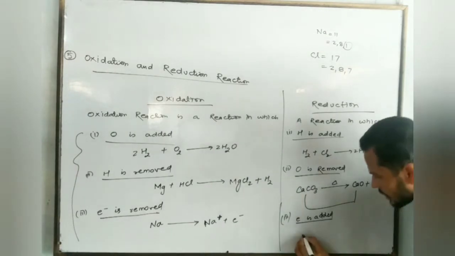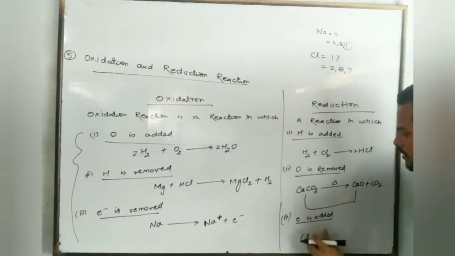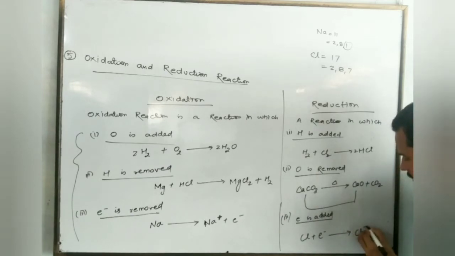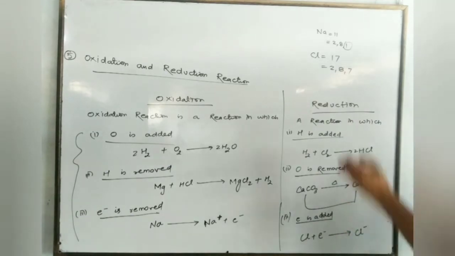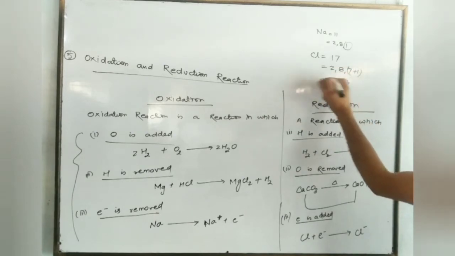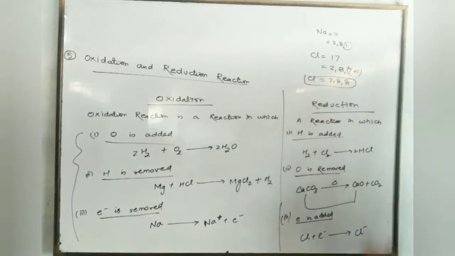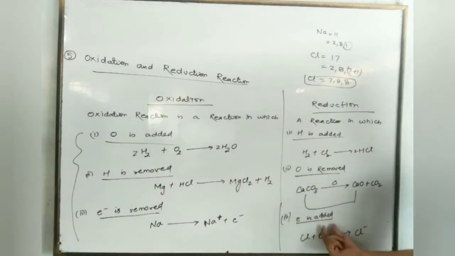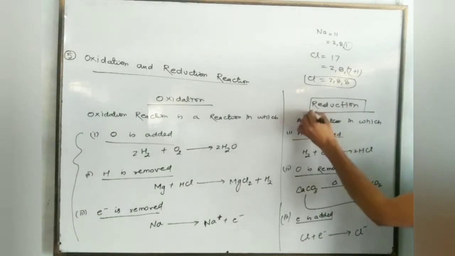So when one electron is added to the chlorine, it becomes Cl negative. Its outermost shell is completed, which means we obtain 2, 8, 8. So in this reaction, an electron is added to the chlorine. So here it is a reduction reaction.